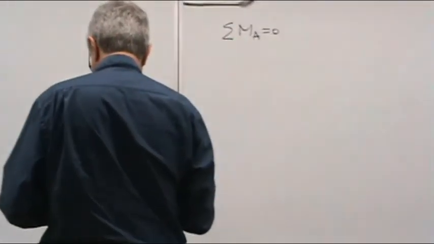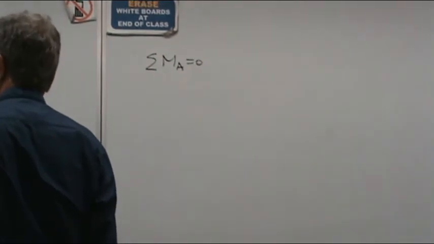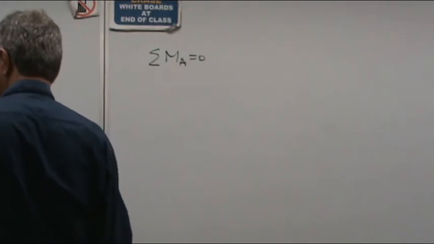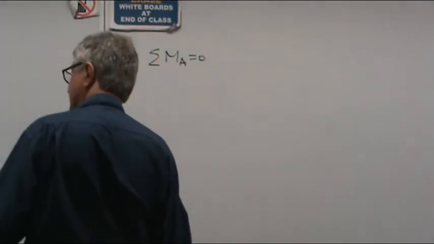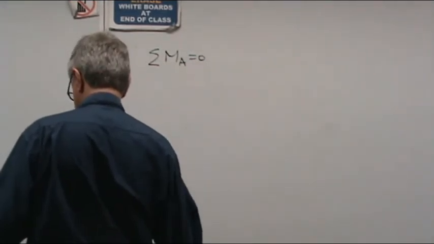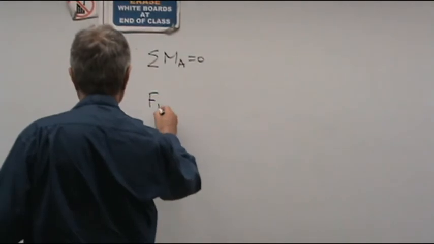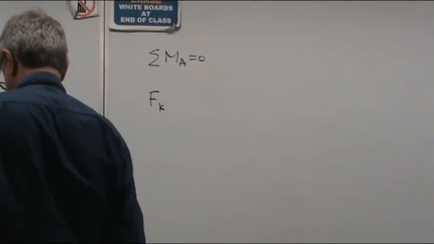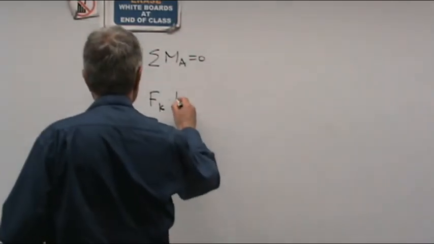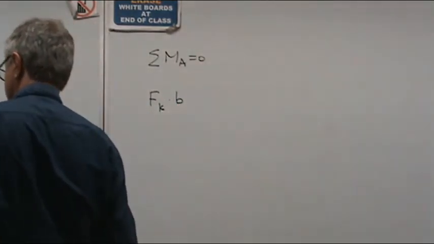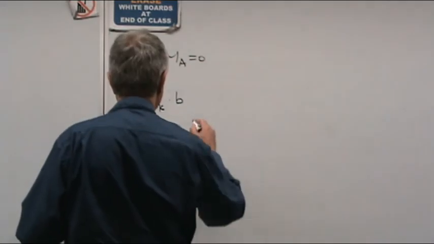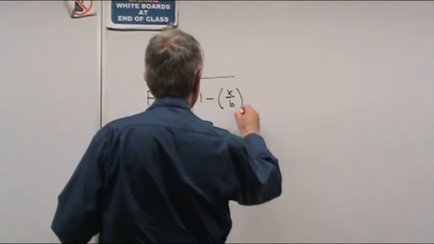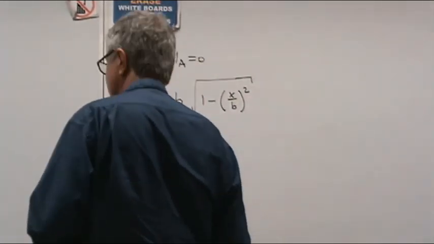Okay? So we have Fk, the spring force Fk, times B, times the square root of 1 minus (x over B) squared. Okay.